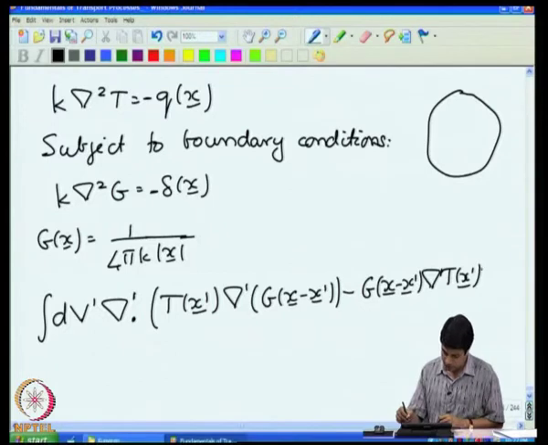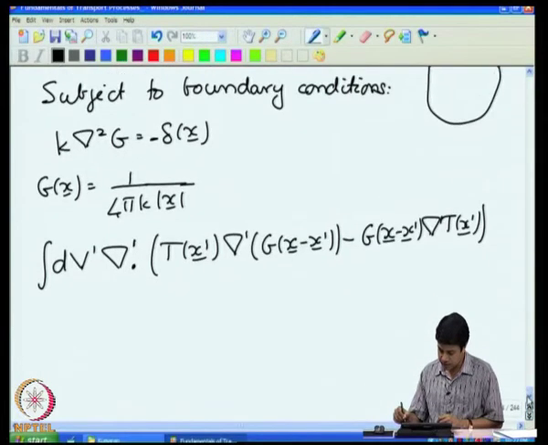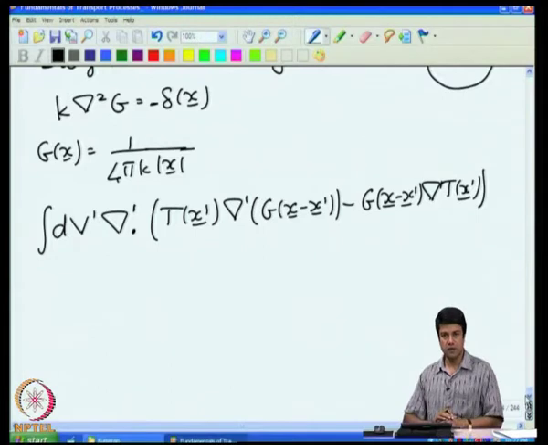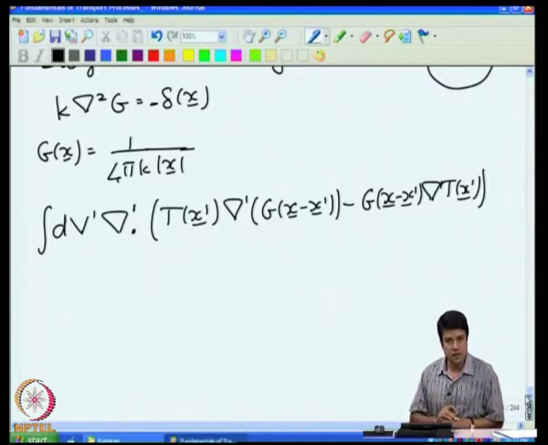So, I consider this volume integral, the divergence of T of x prime times the gradient of G of x minus x prime, minus G of x minus x prime times the gradient of T of x prime. I should be a little careful here. In this case, x prime is the source point and x is the observation point.